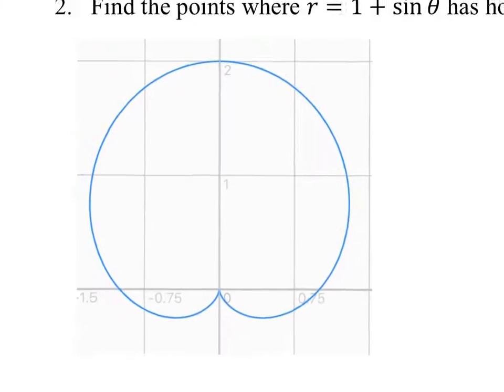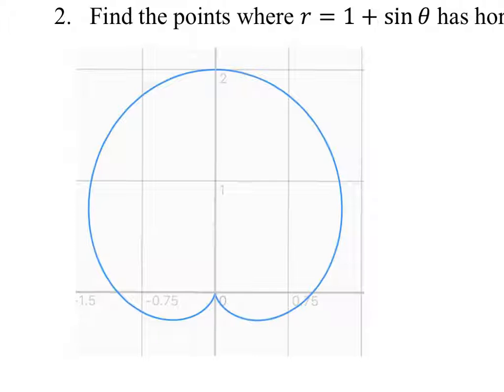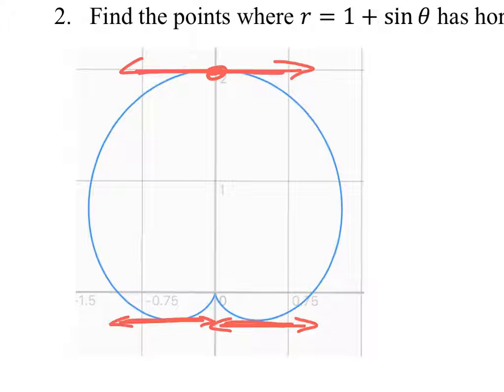I could see that I'm going to have a couple horizontal tangents. I got one right here, roughly here. It seems like it's probably right on the 90-degree axis, or the pi over 2 axis. Then I got one over here, and then one over here, two separate horizontal tangents, although it looks like they're probably going to be the same horizontal line.